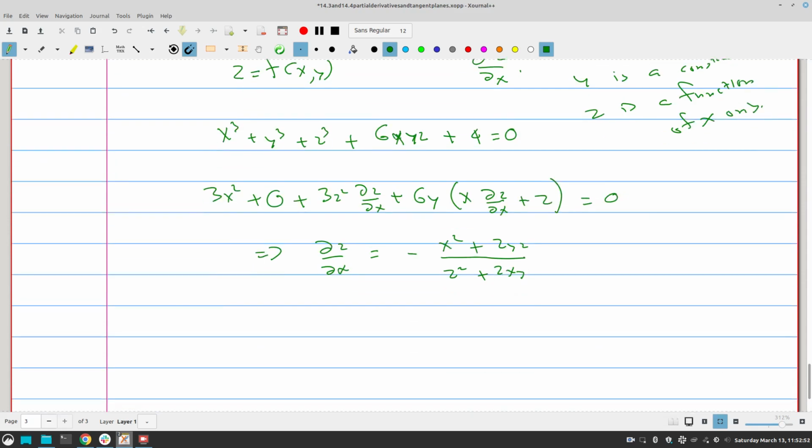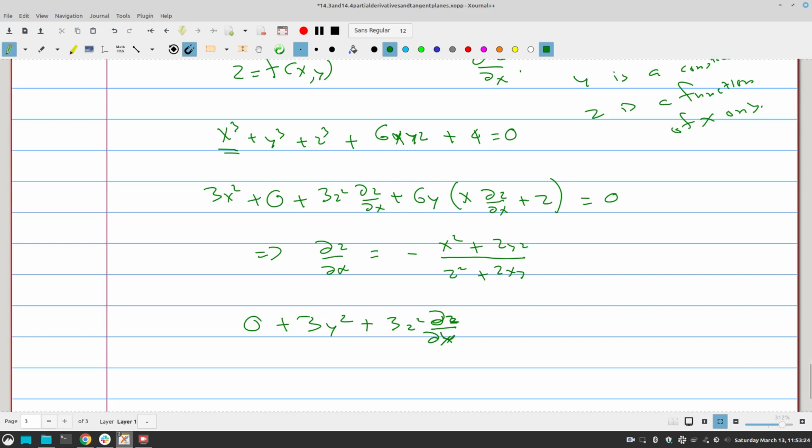Similarly, when you find dz over dy, you treat x to be a constant and z to be a function of y only. So the x cubed becomes 0, y cubed becomes 3y squared, plus this becomes 3z squared dz, curly d. Actually by d I mean curly d.